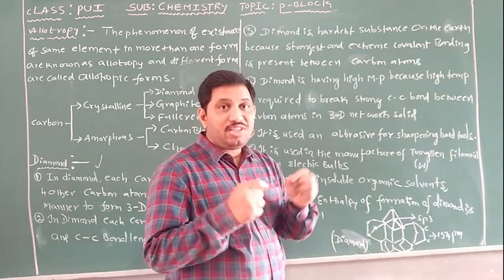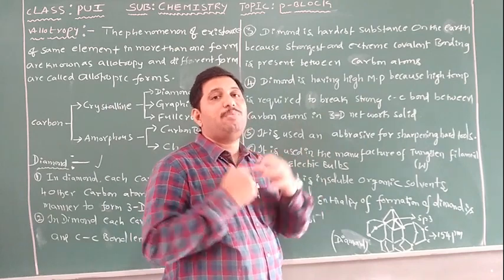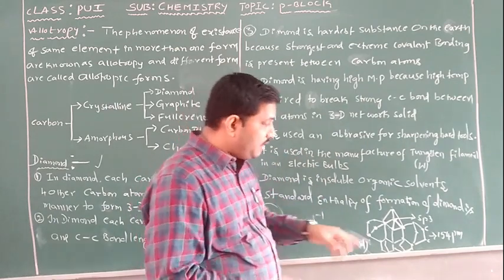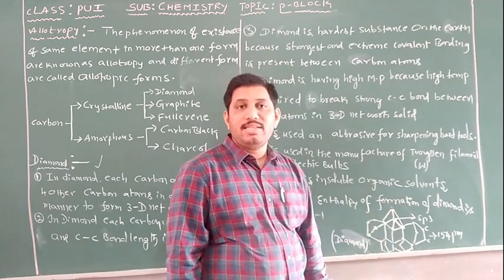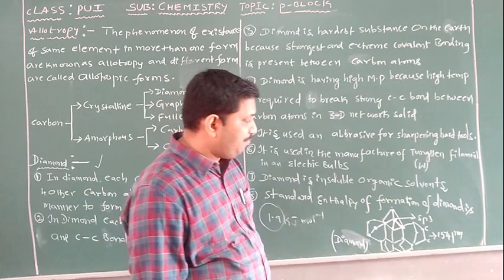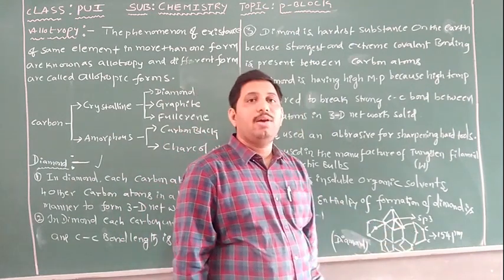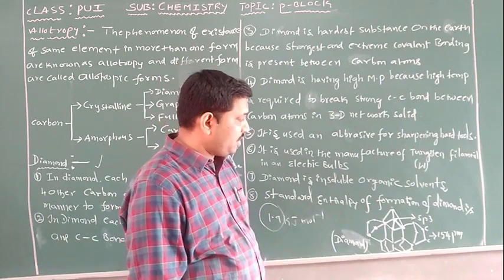Like this, each tetrahedral carbon is bonded to some other carbon atom to form a three-dimensional network structure. Since each carbon atom is bonded to four carbon atoms, the hybridization will be sp3, and the C-C bond length will be 154 picometers.